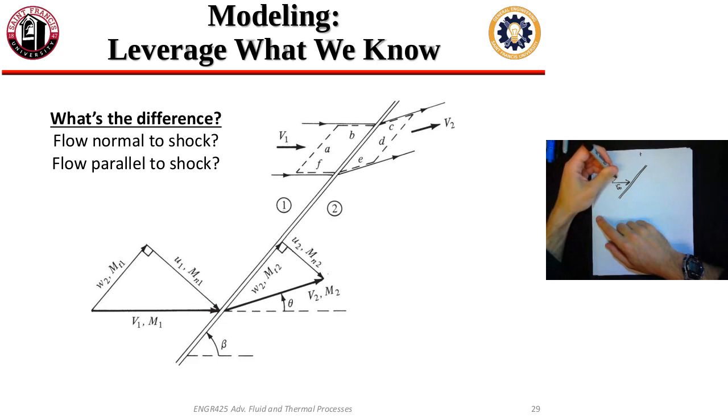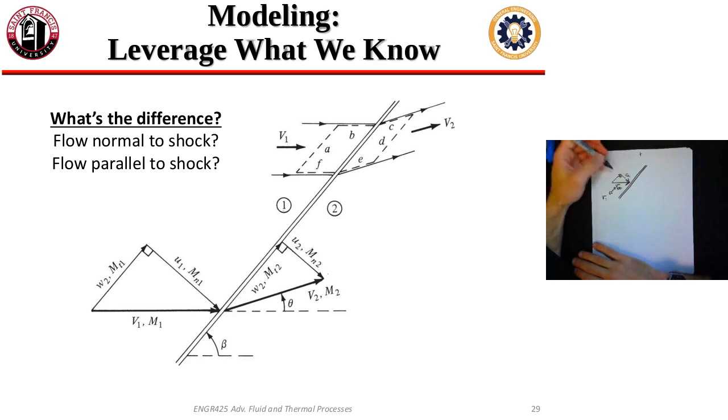We can split that up into components normal to the shock and tangent to the shock. So this would be like Vn1, or let's use V1 or V infinity interchangeably there, and the tangential one. We also used W for that and U for that.